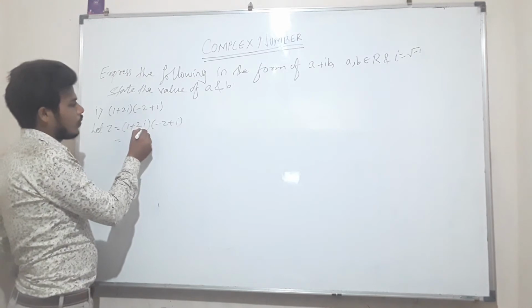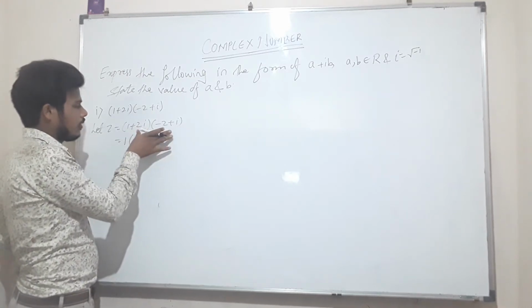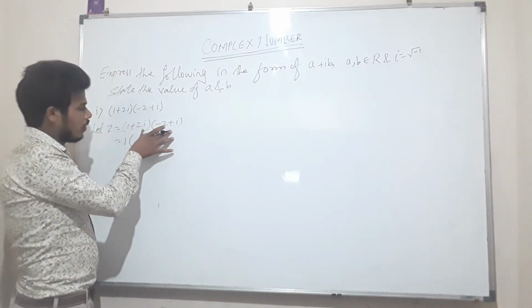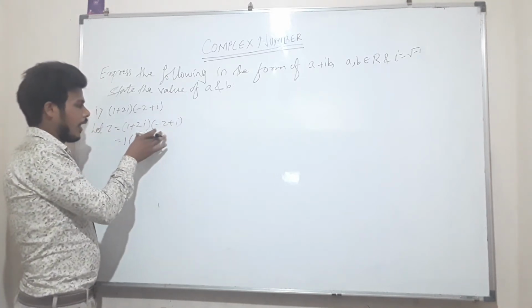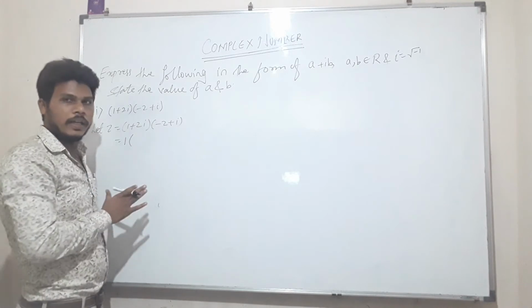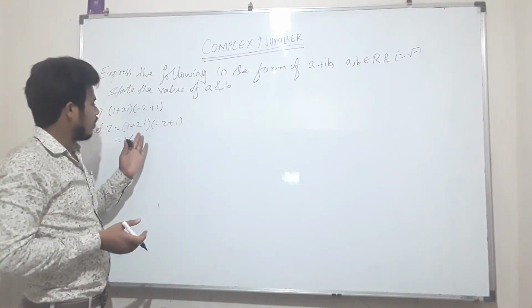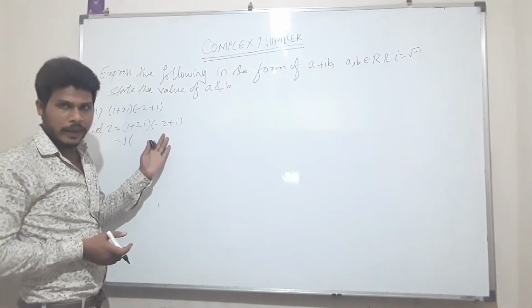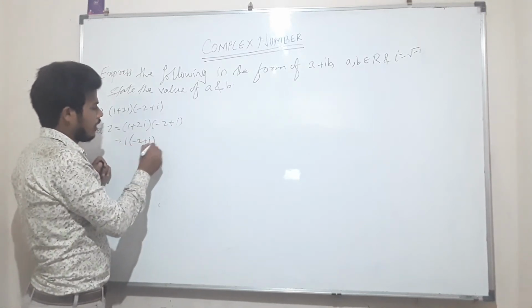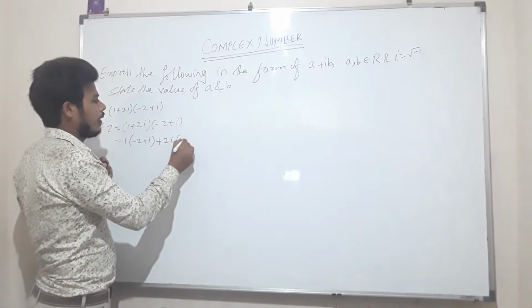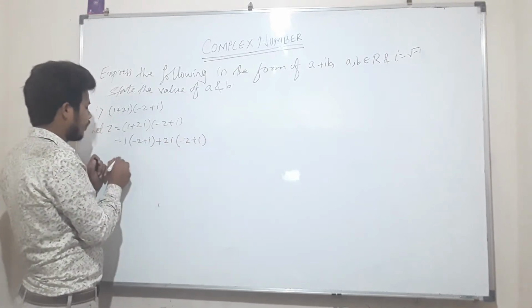So (1 plus 2i), it is nothing but multiplication of complex numbers. We will solve it by general multiplication of two brackets. So 1 with minus 2 plus i, then plus 2i with minus 2 plus i.